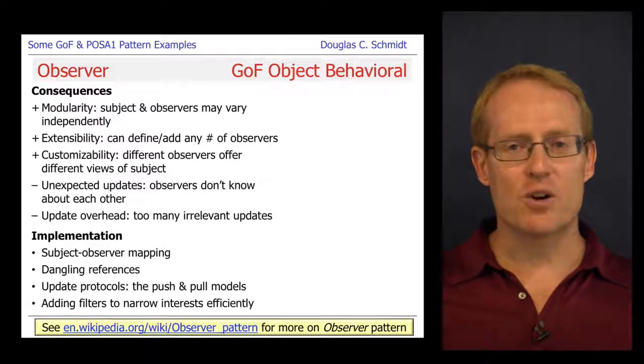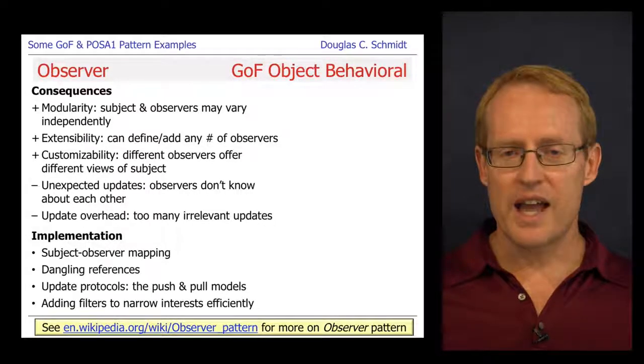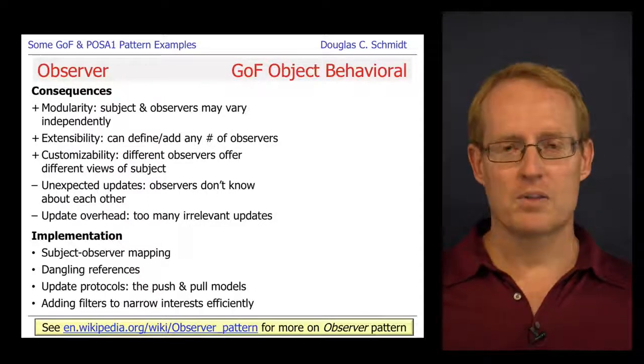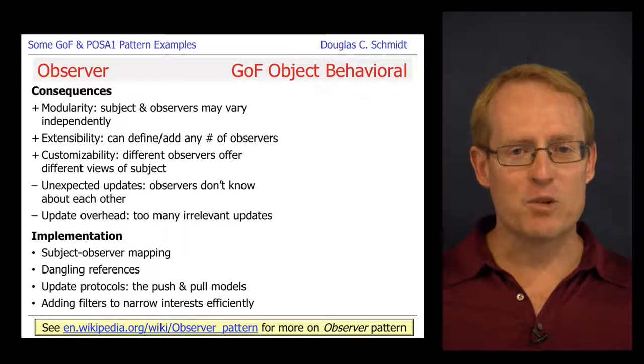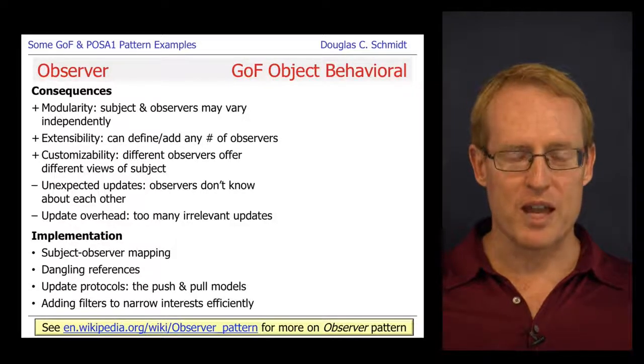In contrast, if you're talking between subjects and observers that are in different processes, as is often the case in Android with its broadcast receiver mechanism that's part of the intents framework, you're going to have to do some more things. You're probably going to have to use a broker and some proxies in there in order to be able to communicate back and forth.